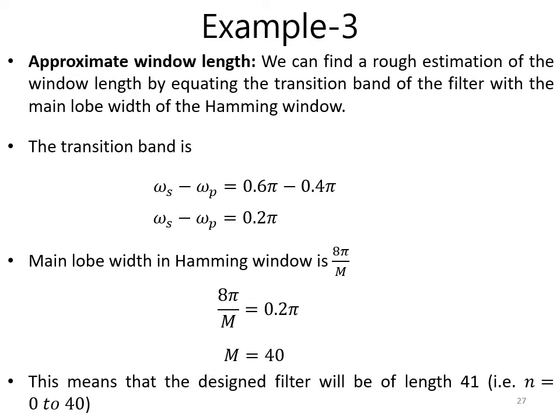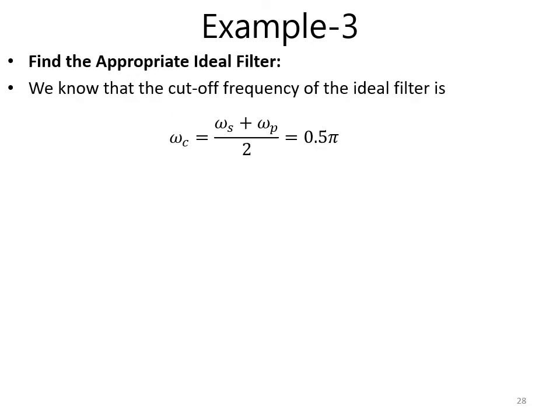So this means that the designed filter will be of length 41, that is n equal to 0 to 40. So M is equal to 40, and the window function that we are going to use is the Hamming window. Now find the appropriate ideal filter.